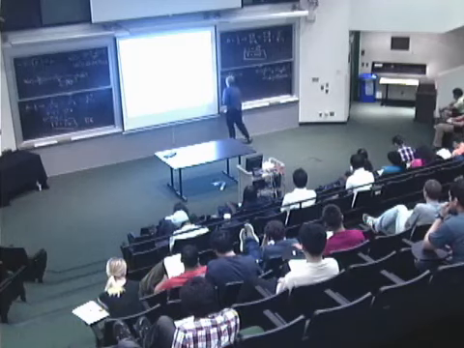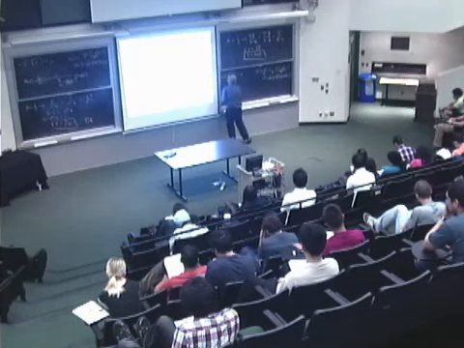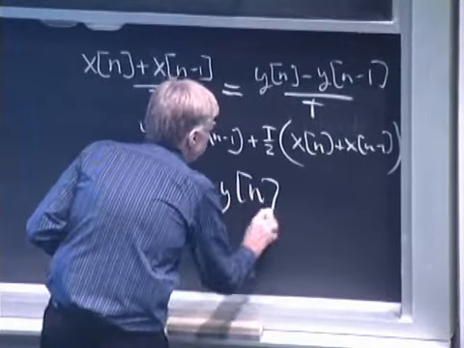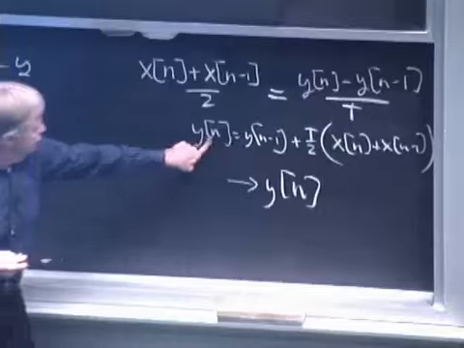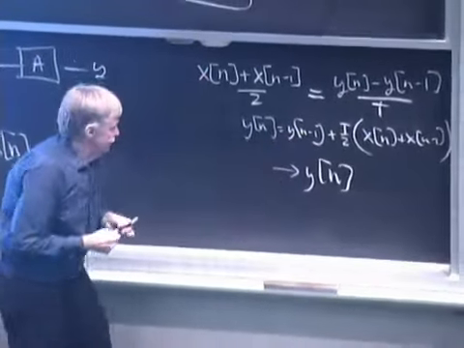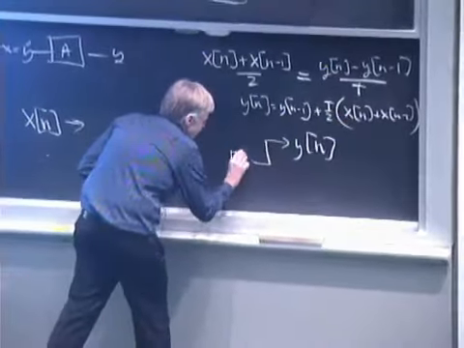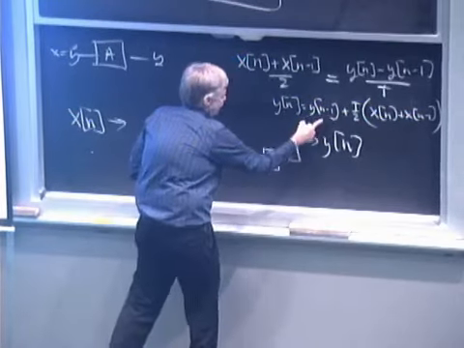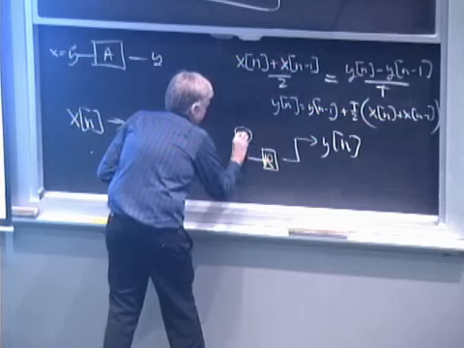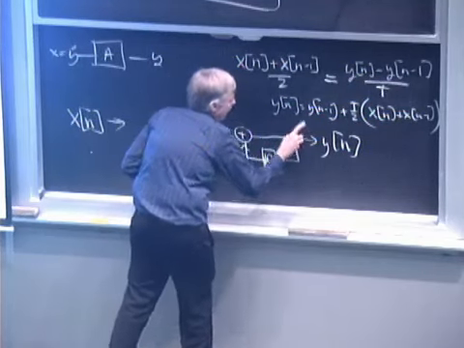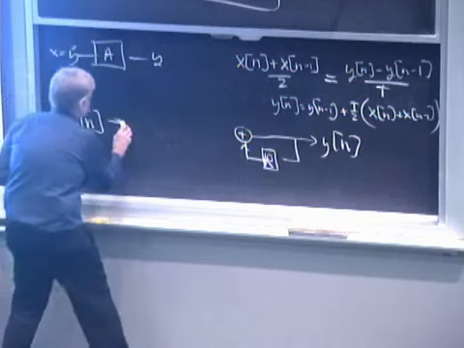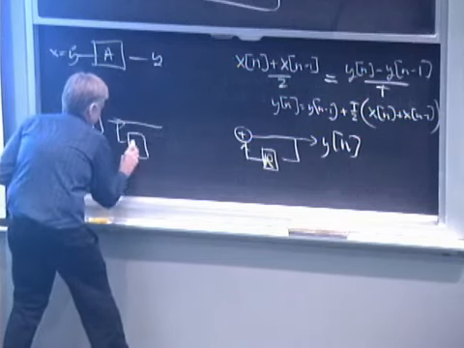But it gives me a different kind of a system. Now I want to have x of n go into something that I will make my new A boxes. To compute y of n, I should have a delayed version. Well, that's easy. I make one of those. And y of n should be the sum of the delayed version and t over 2 times a delayed version of x. So I'll have to do this.